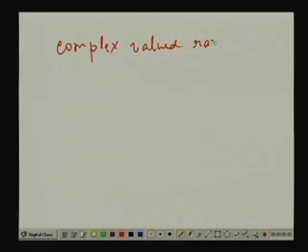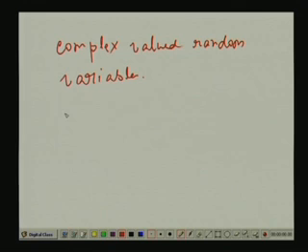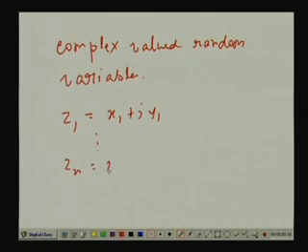So, suppose z 1 is x 1 plus j y 1 dot dot dot up to say z n is x n plus j y n.